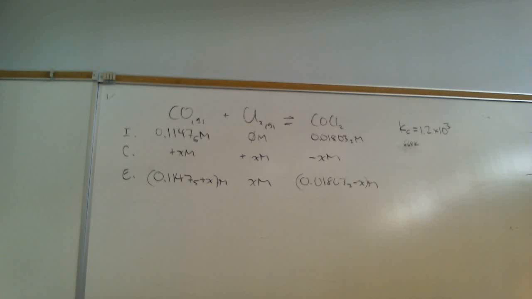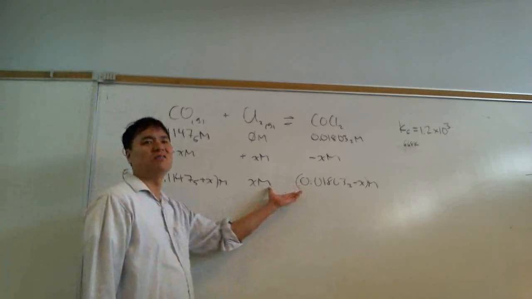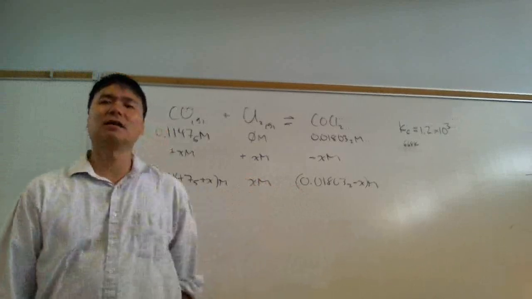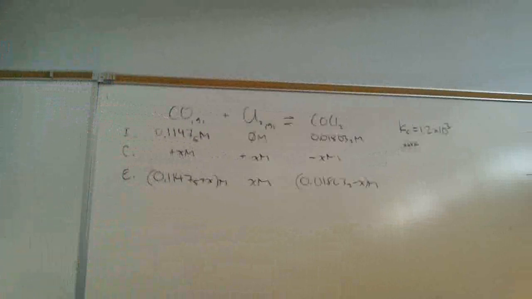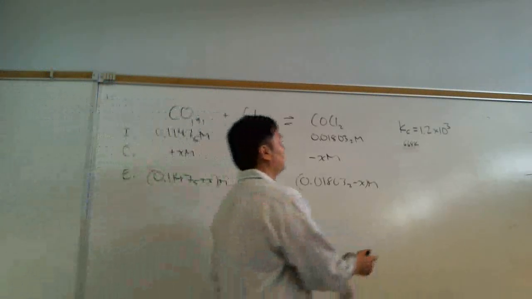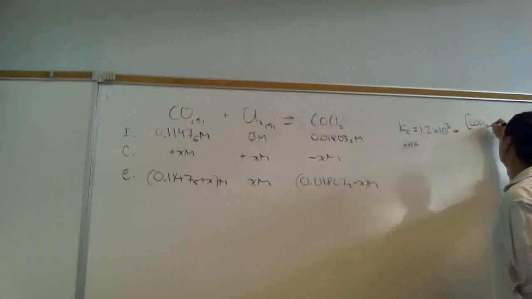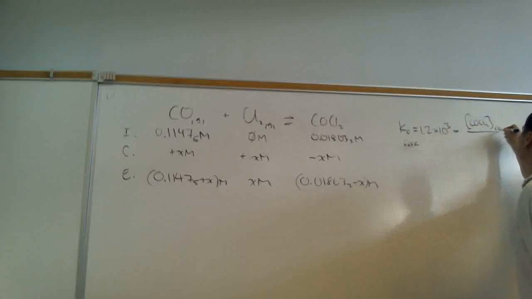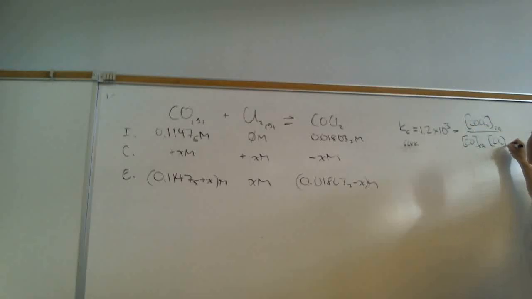If it favors the product side, do we expect to lose much product? No. And so we say that the change should be small. So we need to solve for x. We can just plug this into the Kc expression. Kc is going to be the COCl2 concentration at equilibrium divided by the CO concentration at equilibrium and the Cl2 concentration at equilibrium.